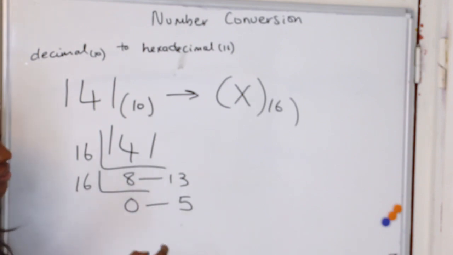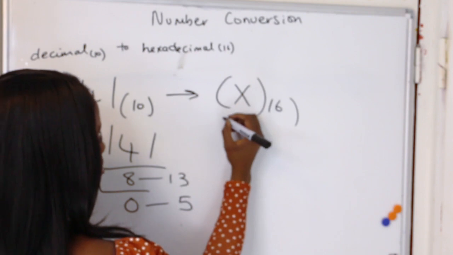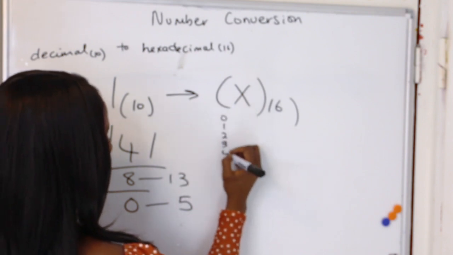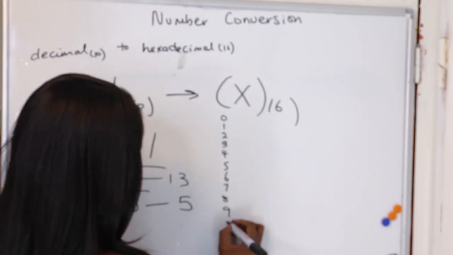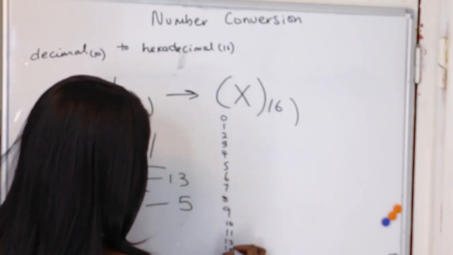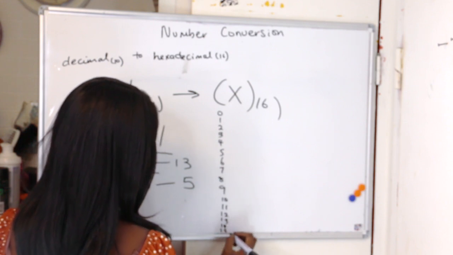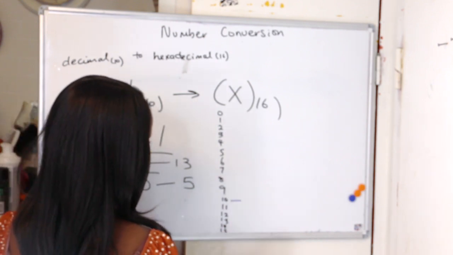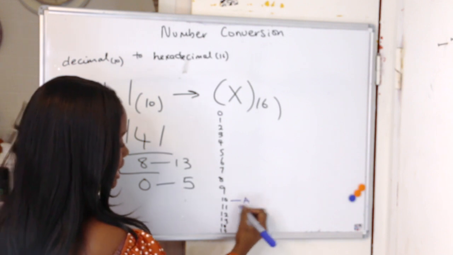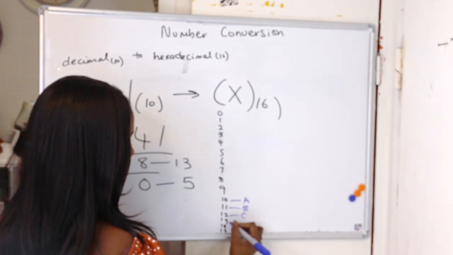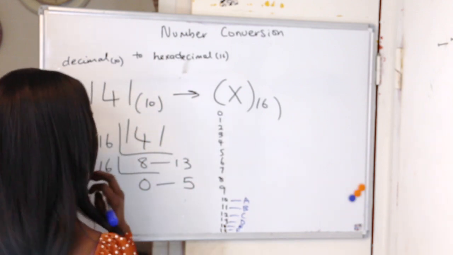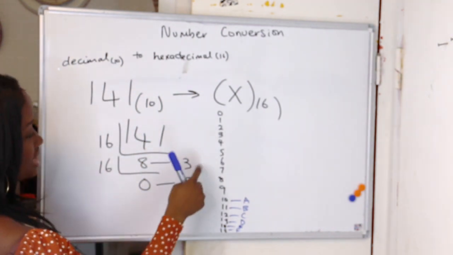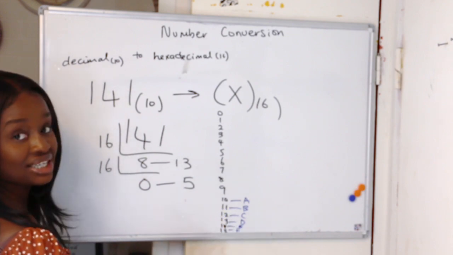And if you remember from before, when we talked about the hexadecimals, when we said you had 0, 1, 2, 3, 4, 5, 6, 7, 8, 9, then when you got to 10, 11, 12, 13, 14, 15, you started with the alphabet. So you had A, B, C, D, E, and F. So because this is number 13, we have to remember 13 is D.